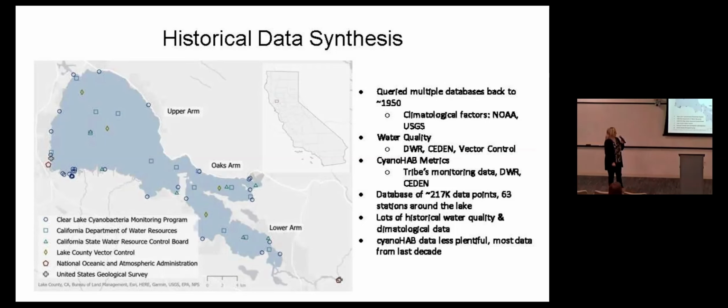We ended up with a database of over 200,000 data points with 60 plus stations, looking at a combination of water quality and hydrology and climatology. And the cyanoHAB data is probably the least plentiful of all of the water quality data. But we were able to glean some cool insights into how the lake has changed over time.